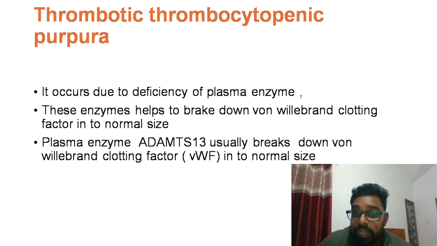Normally this enzyme helps to break down von Willebrand clotting factor into normal size. So this deficiency of plasma enzyme leads to thrombotic thrombocytopenic purpura.